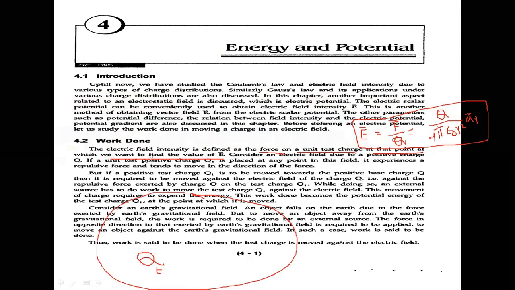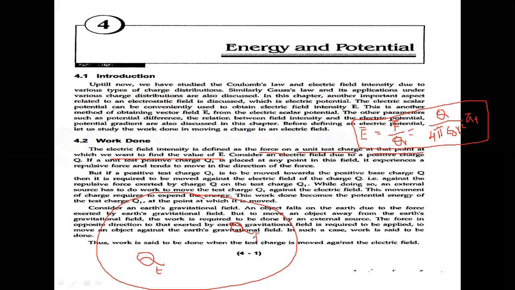If a unit test charge Qt is placed at any point in the field, and here already there is a charge Q, it experiences a repulsion force and tends to move in the direction of the force.